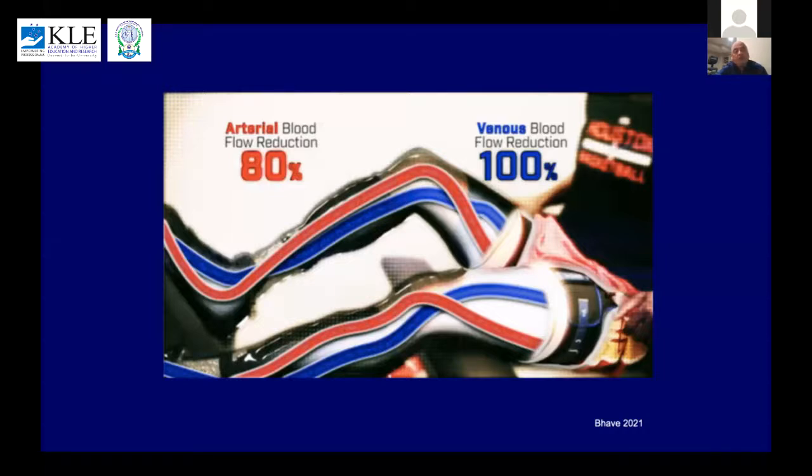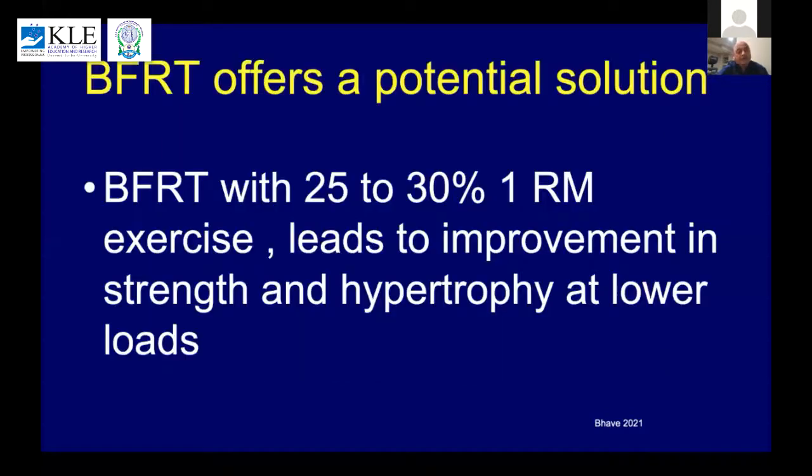So we use a Doppler-driven tourniquet to restrict the blood flow and exercise them at a lower intensity. So we do the blood flow restriction therapy at 25 to 30% of 1 RM exercises. And we have seen that many papers in the literature show improvement in strength and hypertrophy at much lower loads than conventional exercise.